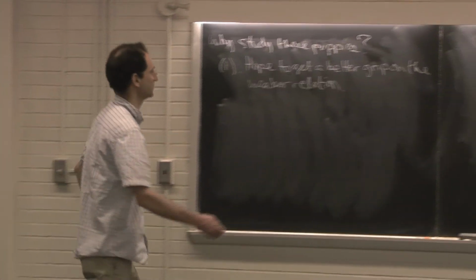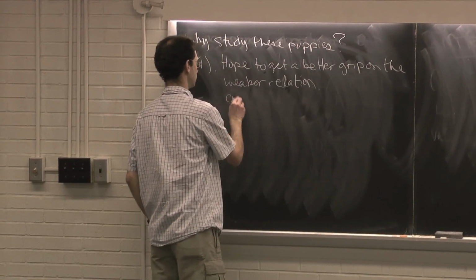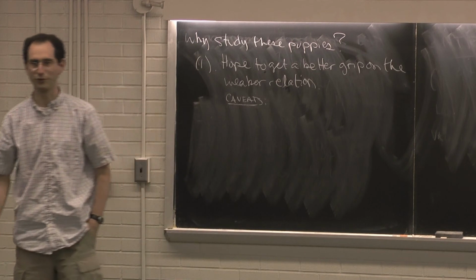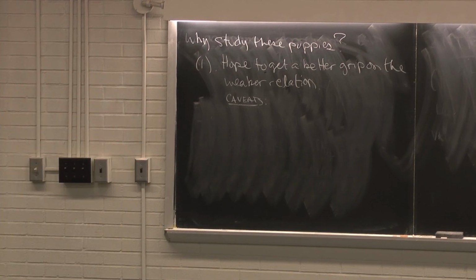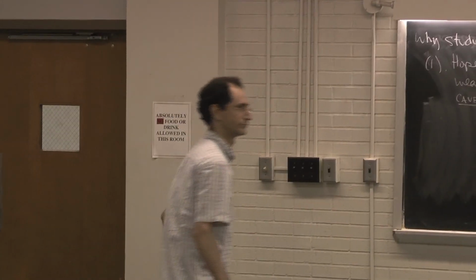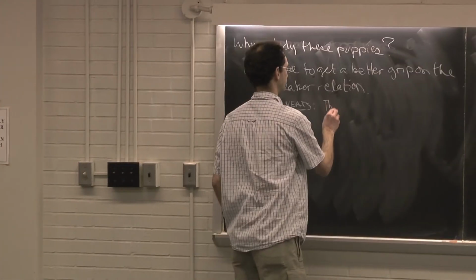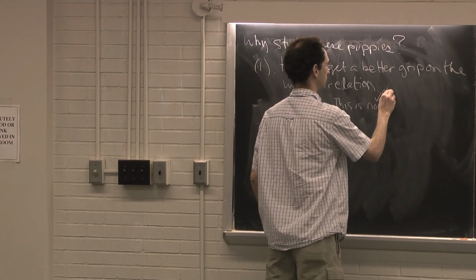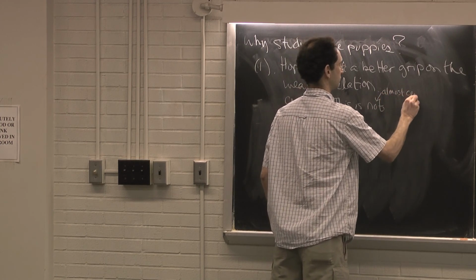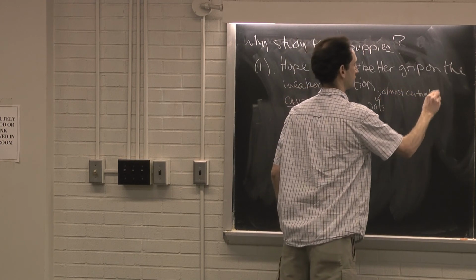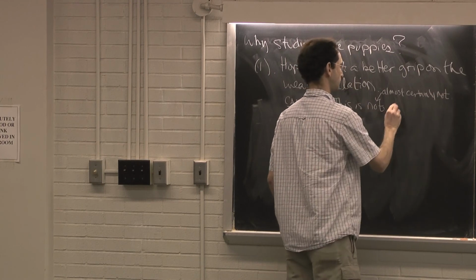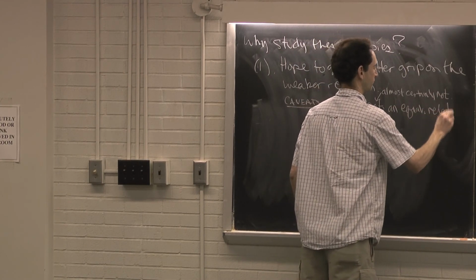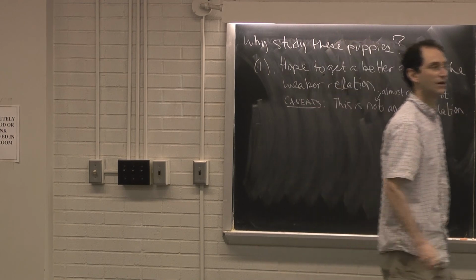But let me give you some caveats. For those of you who like to think about smooth concordance, this isn't an equivalence relation. Maybe I should say almost certainly not. There's an example.